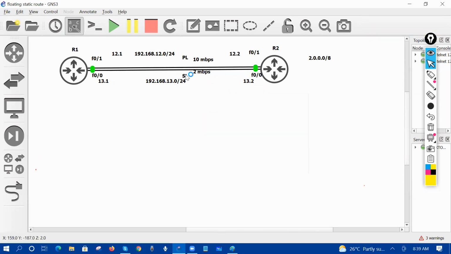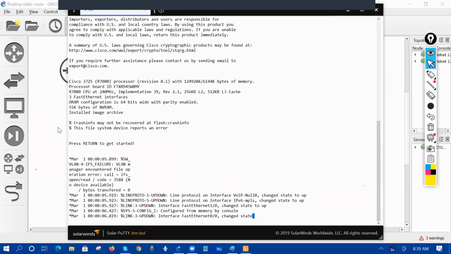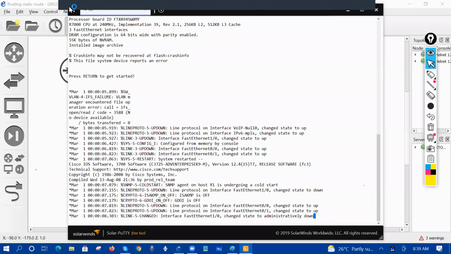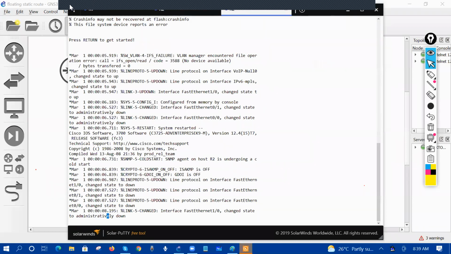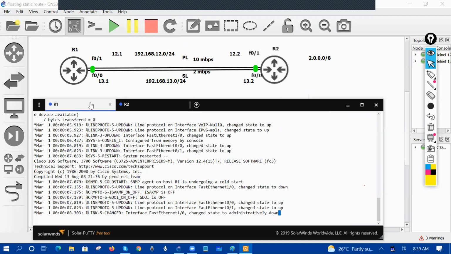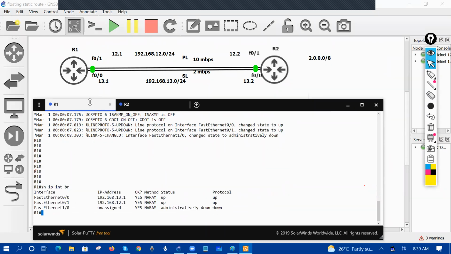PL means primary link, SL means secondary link. Show IP interface brief. Perfect. We have IP addressing on router number 1.